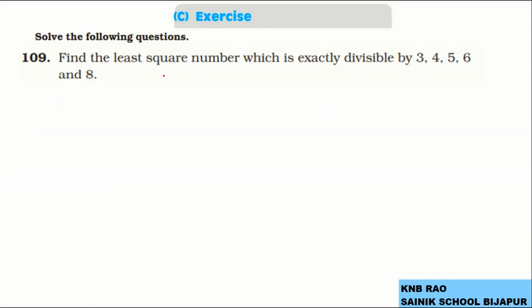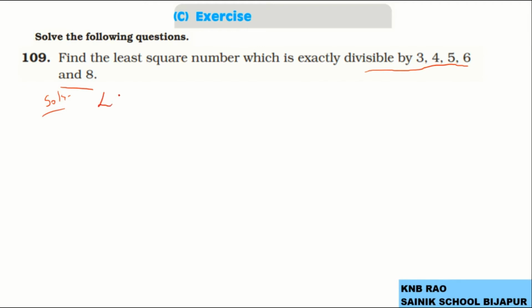See students, in question number 109 we are asked to find the least square number which is exactly divisible by these. Students, tell me which is the number that is divisible by the given numbers. There is one special number which is divisible by the given numbers.